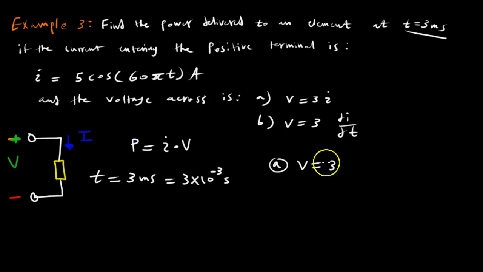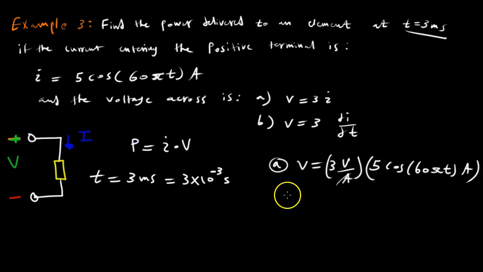If you're going to end up with volts, you need volts per amp multiplied by 5 cosine of 60 pi t amps. So amps cancel out, and the voltage is 15 cosine of 60 pi t volts.